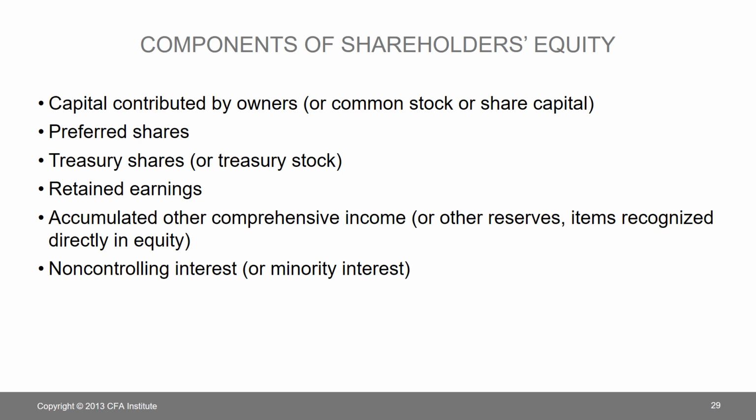After that, we look at non-controlling interest or minority interest, which is basically the equity interest of minority shareholders in the subsidiary companies that have been consolidated by the parent or the controlling company, but that are not wholly owned by the parent company.